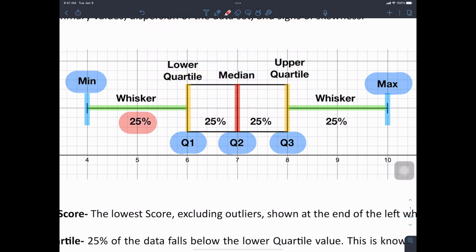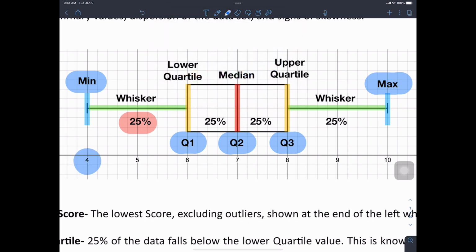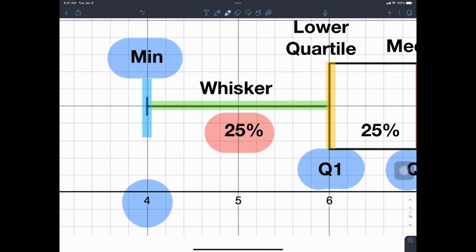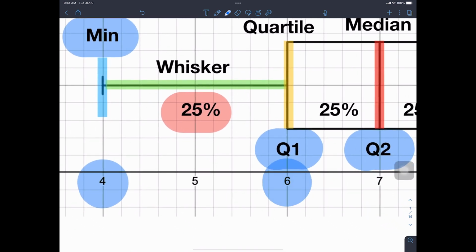So this is why I say here, ladies and gentlemen, between the minimum value. Now, you say, what's the minimum? In this picture, the minimum is what? 4. What's the first quartile value in this picture? 6. You need the real number line. 25% of the data is between 4 and what? 6. Okay, you guys okay with that?